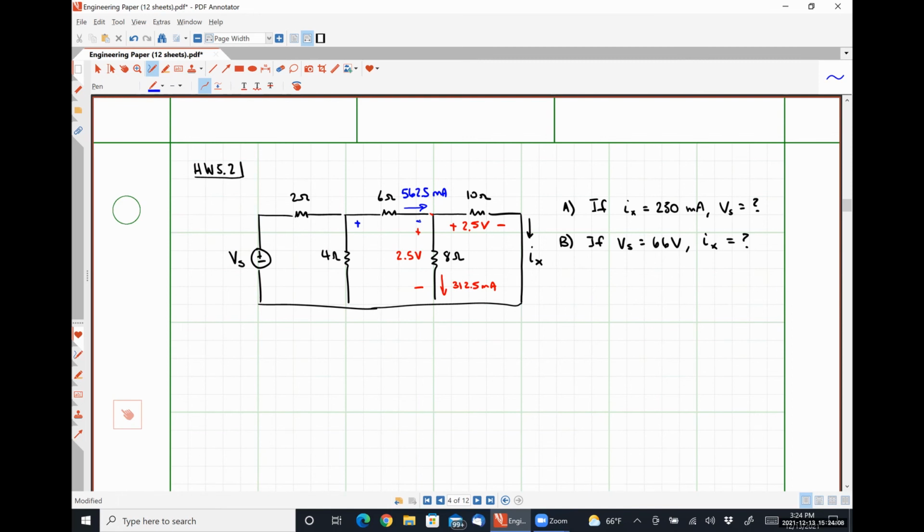So we take that 562.5 milliamps, multiply it by 6 ohms, and find that we have a voltage drop of 3.375 volts over the 6 ohm resistor. Everybody catching what I'm throwing? You want me to slow down or re-explain things? I'm happy to do it.